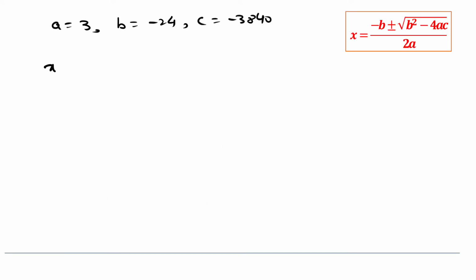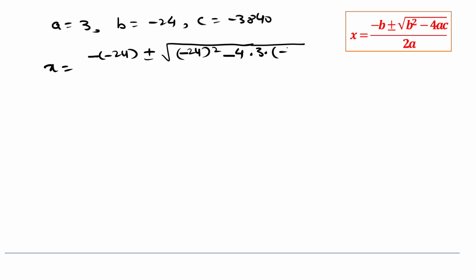Now substituting in the quadratic formula, we get x is equal to minus b, that is minus 24, plus or minus under root minus 24 whole square minus 4 times a, that is 3, times c, that is minus 3840, divided by 2 times a, that is 3.